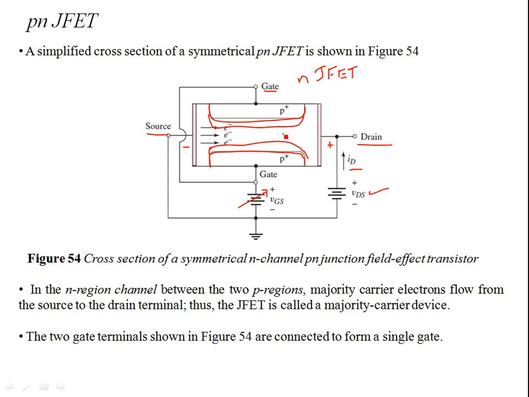This is the channel, the N channel, through which the electrons are flowing. But again, the resistance of this channel can be controlled by the field effect.